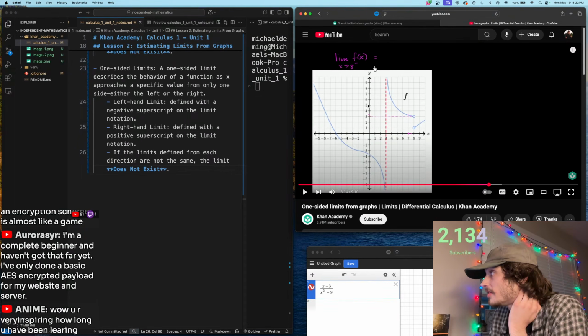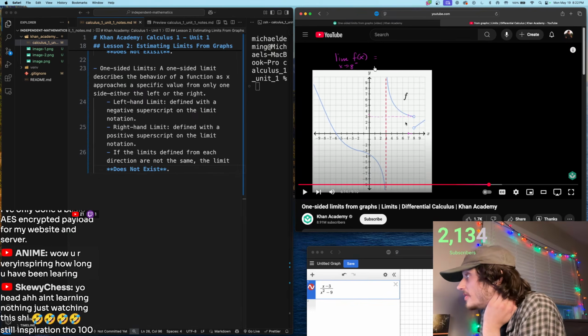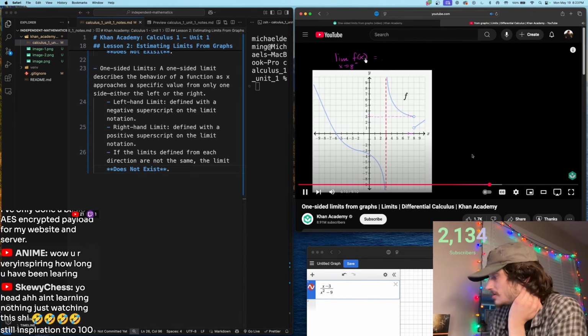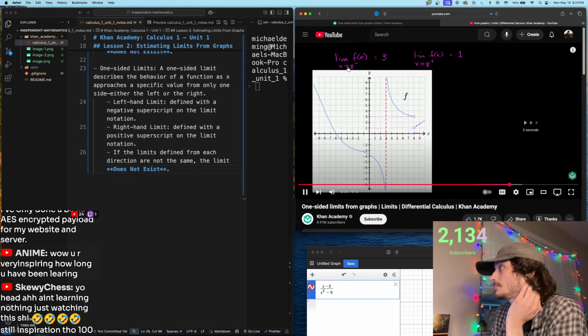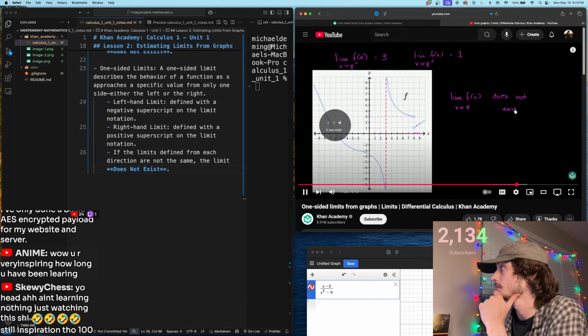So we're converging on 3 here. But from the right we converge on a different value, 1. So it looks like the limit of f of x as x approaches 8 does not exist.